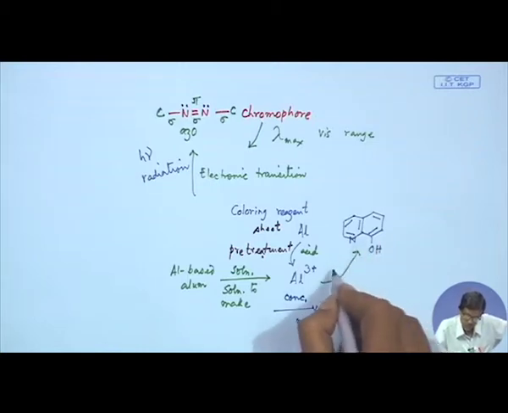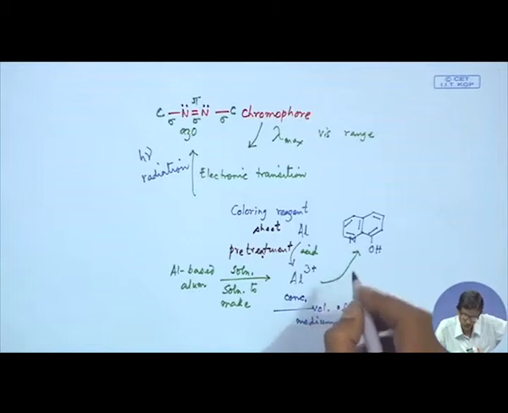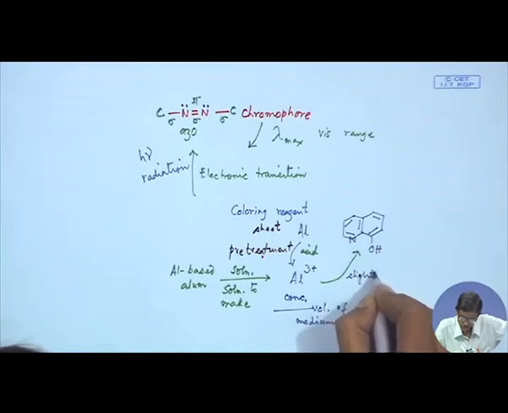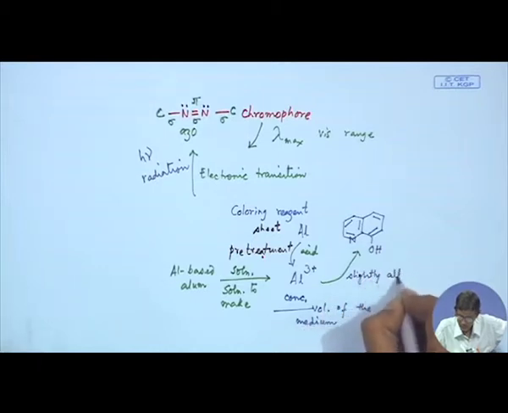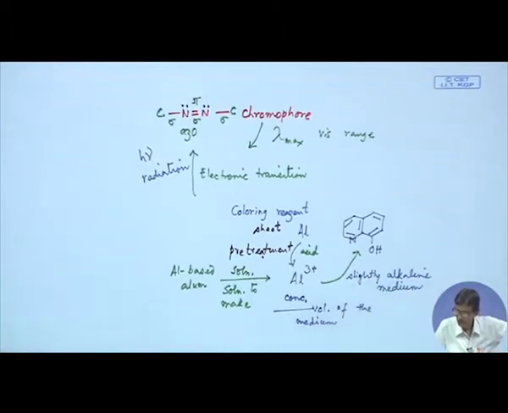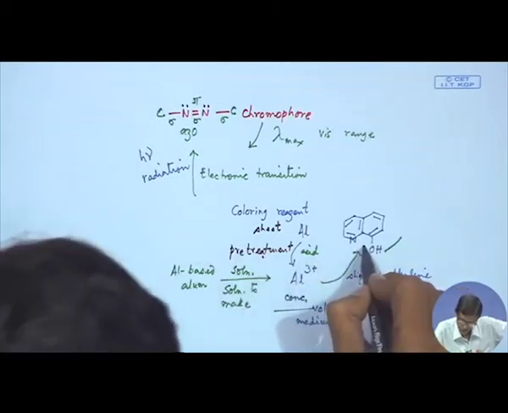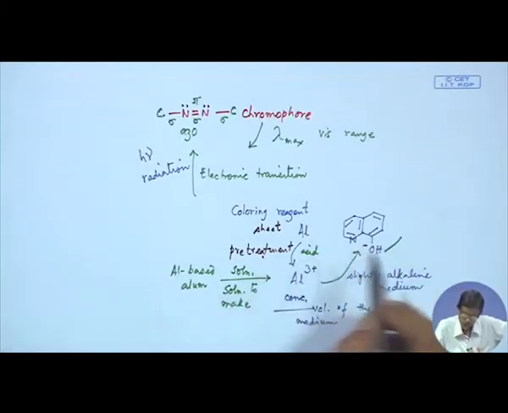That means, we get this particular one with some slightly alkaline medium. Why slightly alkaline medium? Because you have to take out this as H plus and you have a charge on O minus.